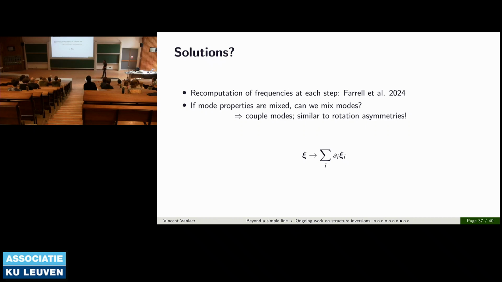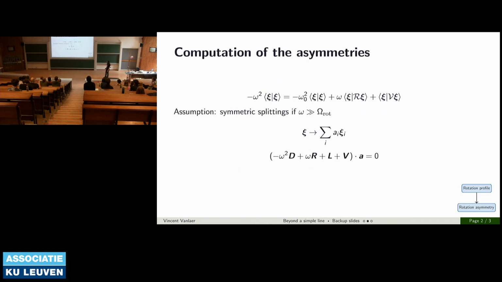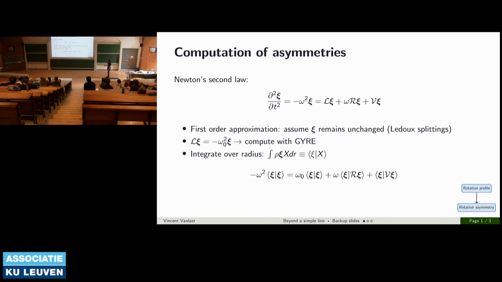These are coefficients. The main thing we're doing, I don't know if I have a slide that explains this better. This is for rotation, but the idea is very similar. We have this linear combination where these A_i are free parameters. We plug that back into the oscillation equation, which is just Newton's second law, and then we integrate this equation over the star.